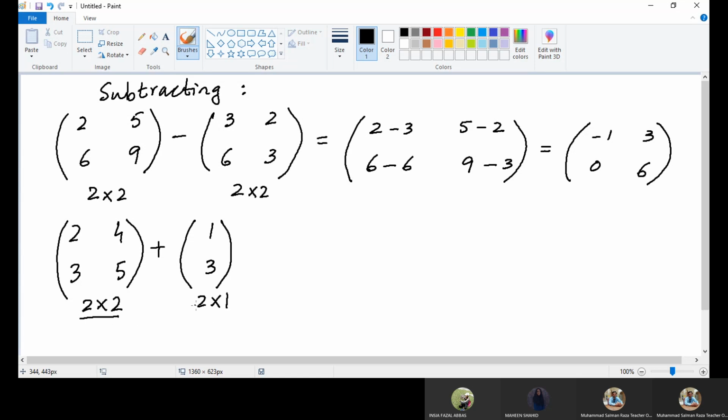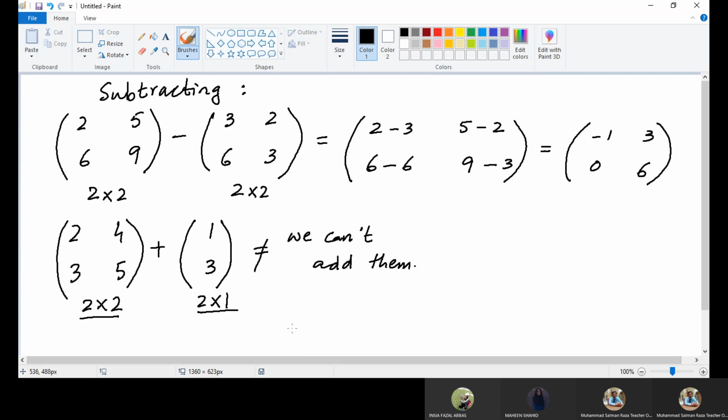So when the orders are not the same, we cannot add them up. We can write that we can't add them. The same goes for subtraction, where we cannot subtract them when the orders are different. So we cannot add and subtract when the orders are different.